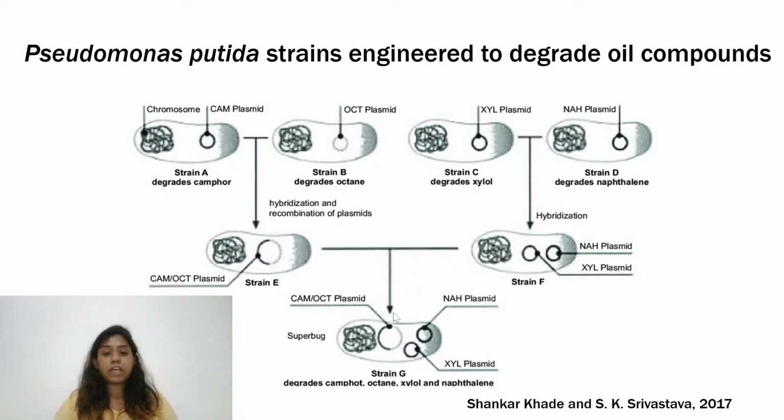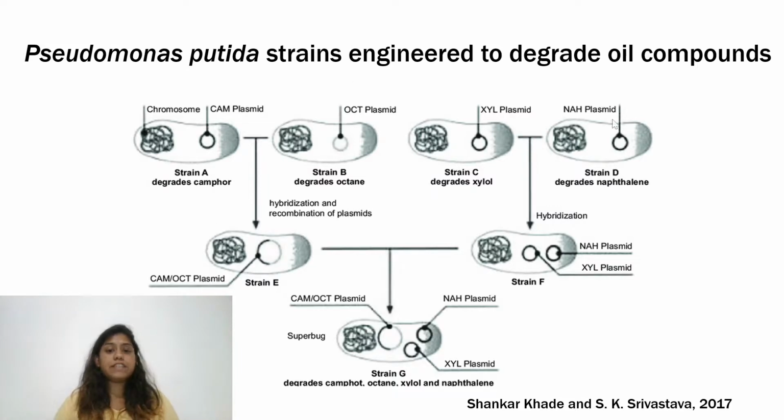So these different plasmids were brought together into this one strain called the superbug strain, which is the Pseudomonas putida strain G, which now has these various plasmids, and this strain has the stability to express all of these plasmids together.